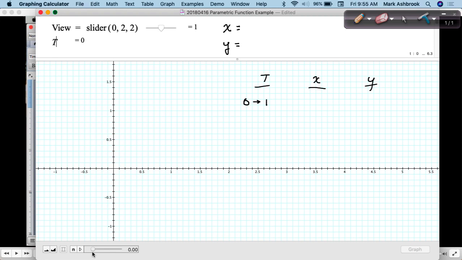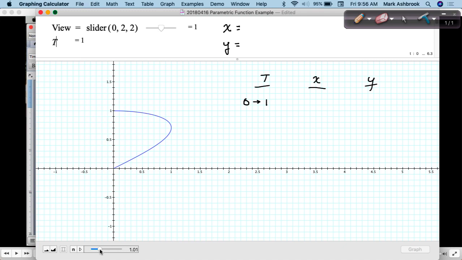As t varied from 0 to 1, how did x coordinates of those points vary? So here's t equals 0. Here's t increasing from 0 to 1. How does x vary? Well, let's do y. Maybe y is a little easier first.